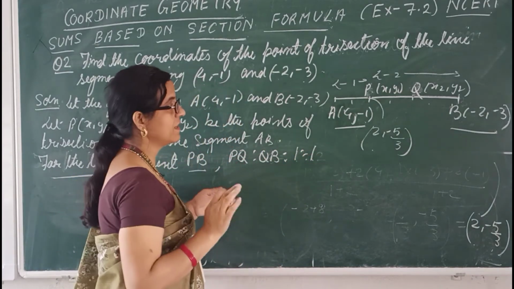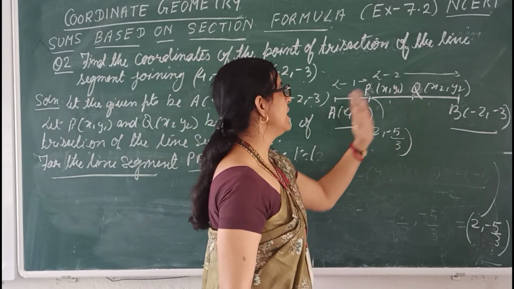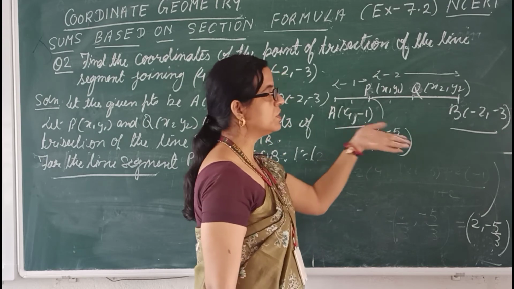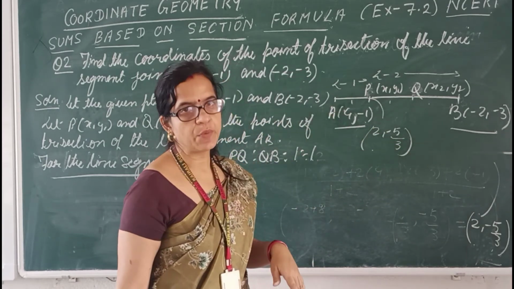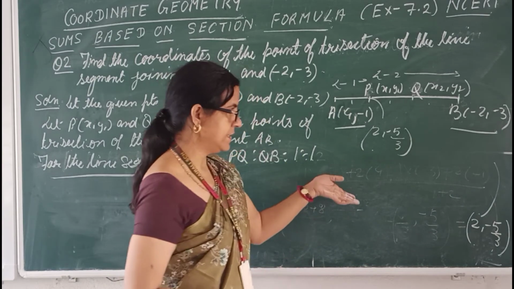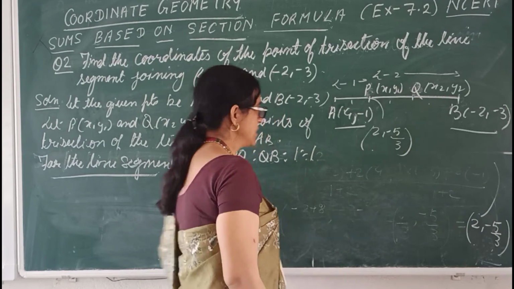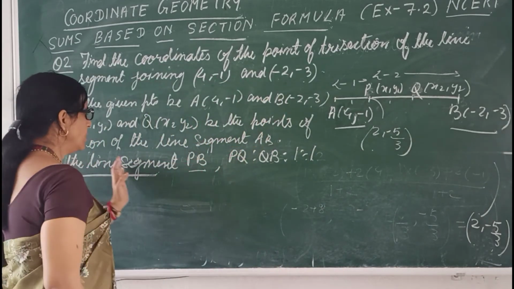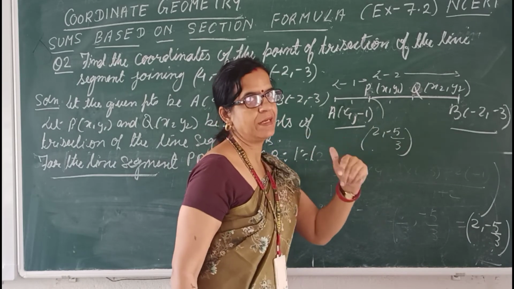Children, take care, again and again I repeat. You can write for the line segment AB, AQ is to QB equals 2:1, and hence you can use the section formula directly to get the coordinates of the point Q. For me, it is easier to use the midpoint formula, that's why I am using it. Both are easy, your choice.